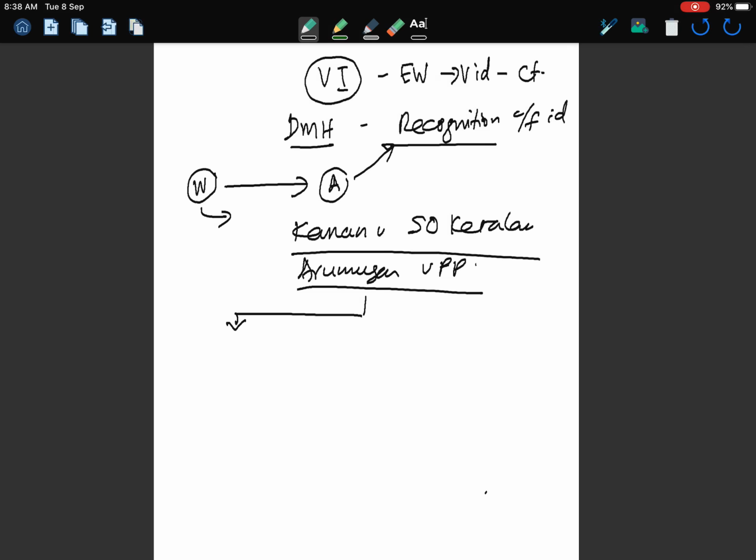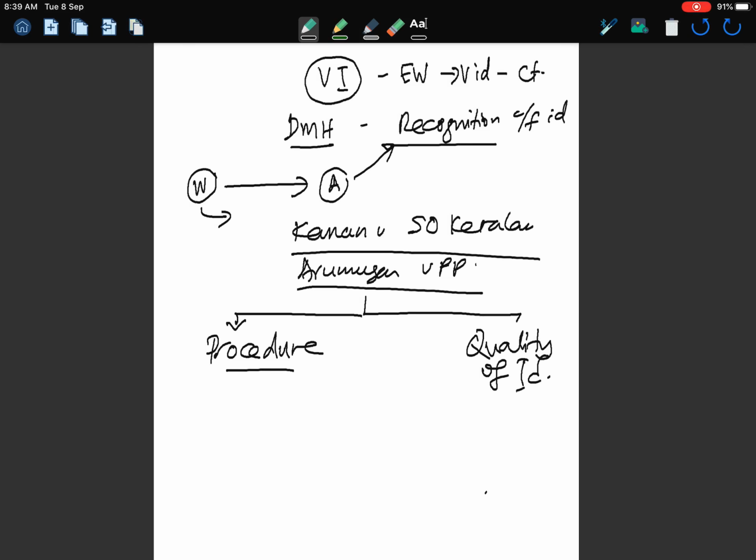Now, from these 3 cases which I have discussed with you, we finally discovered that there are 2 processes that are concerned with visual identification. That is one relating to the issues of procedure. We will look at what it means by issue of procedure. And the other one will be issues relating to the quality of identification.